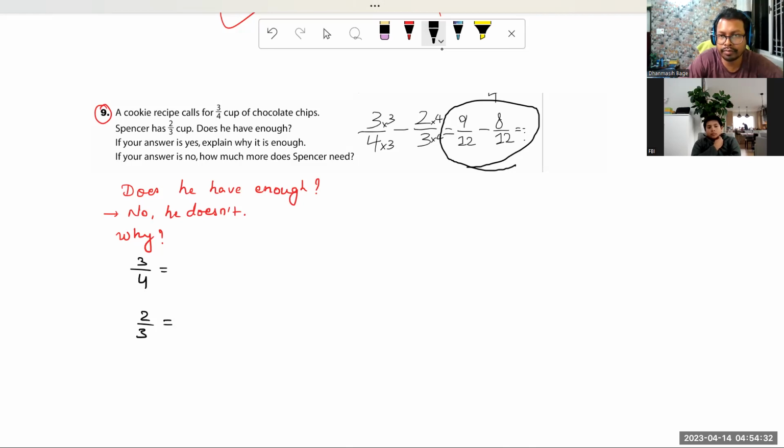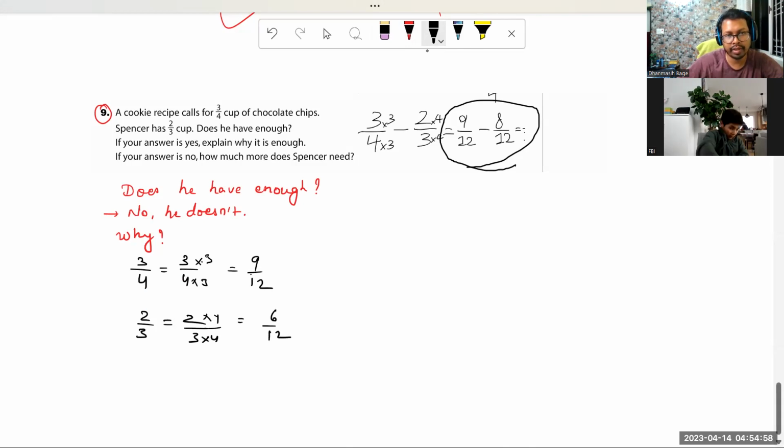Common denominator? LCM is 12. Correct. So that is 3 times 3, that is 9/12. And this is 2 over 3 times 4, that is 8/12.